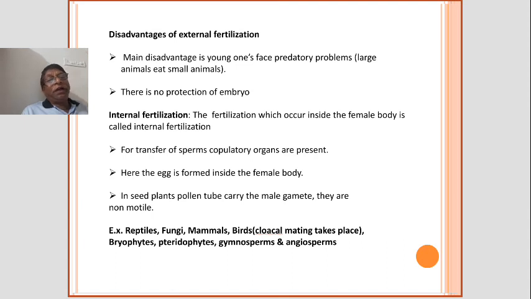Next. What about seeded plants? In seeded plants like gymnosperms and angiosperms, the pollen tube carries the male gamete because they are non-motile. Reptiles, fungi, mammals, birds. Okay.